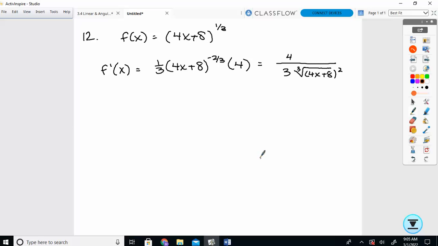So critical points are anywhere this is 0 or undefined. If you have a fraction, you're really just looking at where is the top 0 and where's the bottom 0. Does the top ever equal 0? What would make the bottom 0? -2. Does everybody see that?